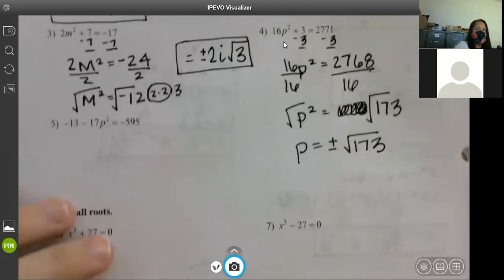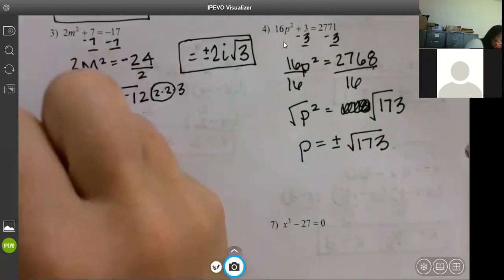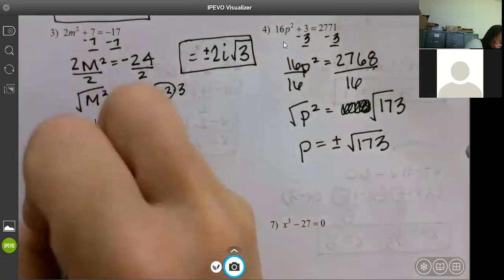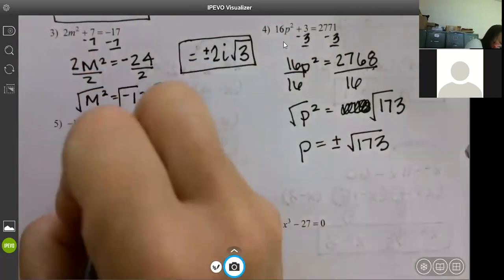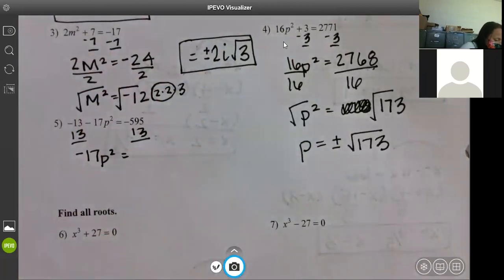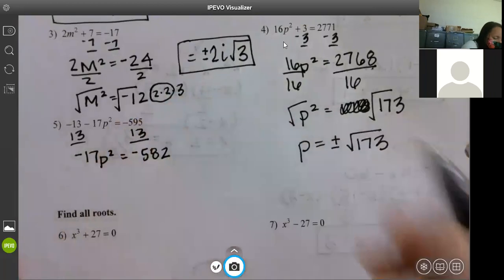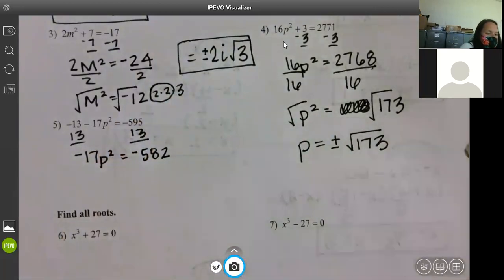What do I do on number 5? Add 13. I get negative 17. Don't forget to bring down that negative. Equals. What do I do now?